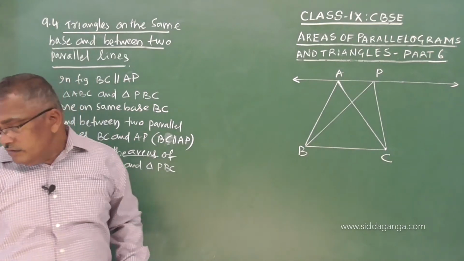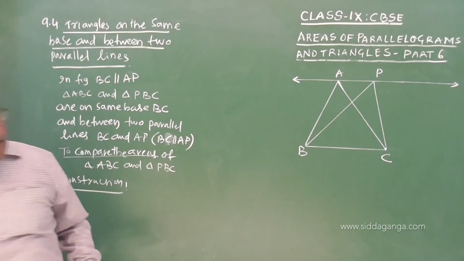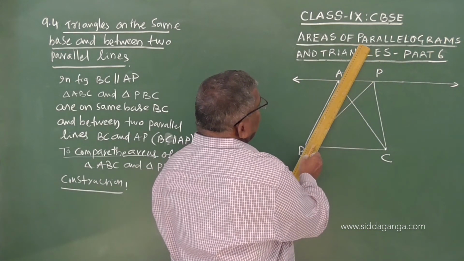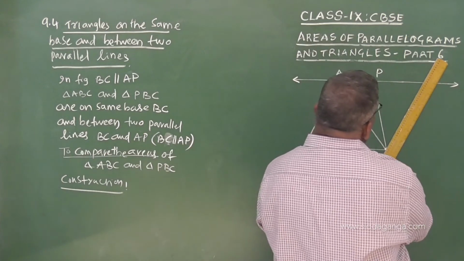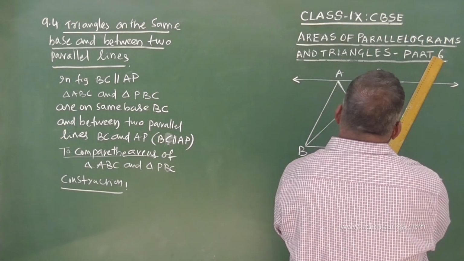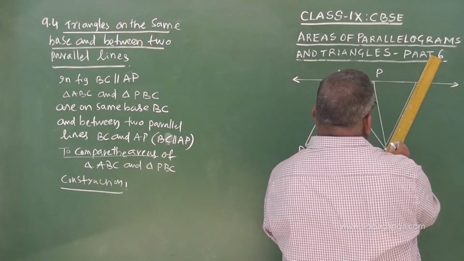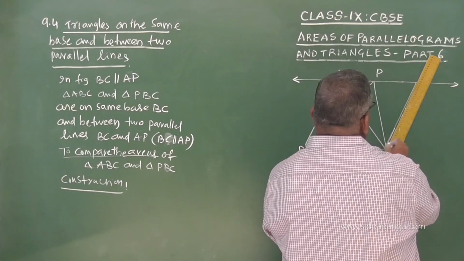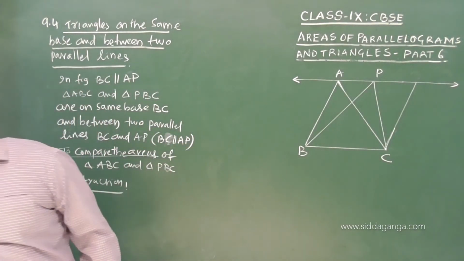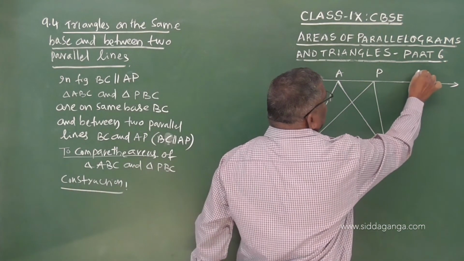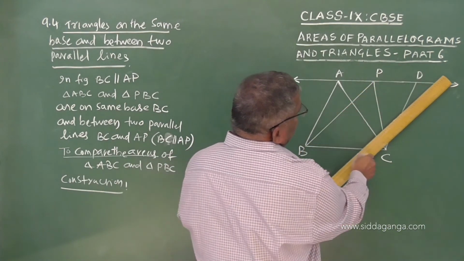Now, see, you draw a line parallel to this side through C. This is parallel to AB, that point is D. And you draw another line parallel to this line.